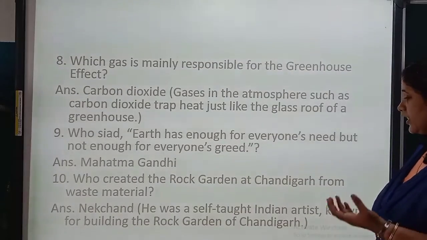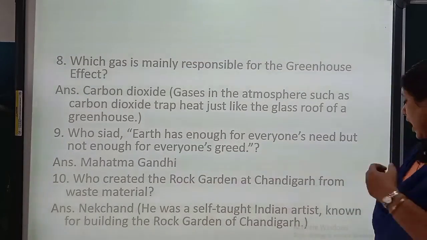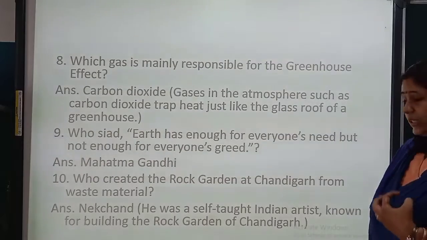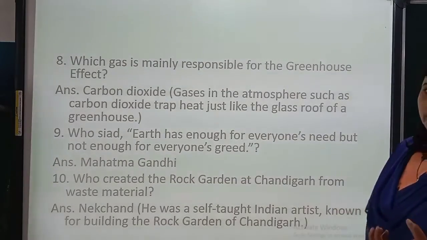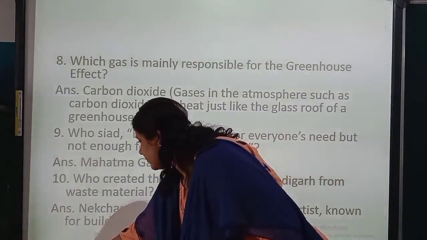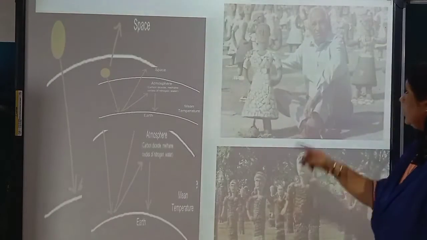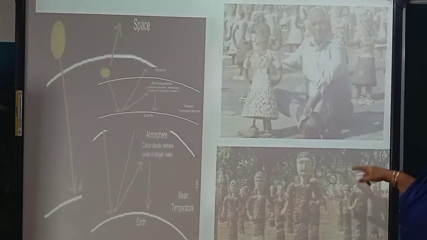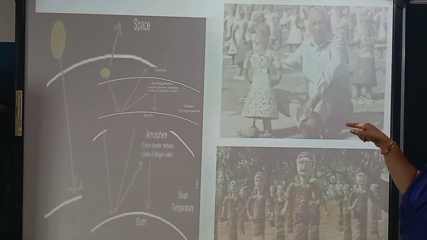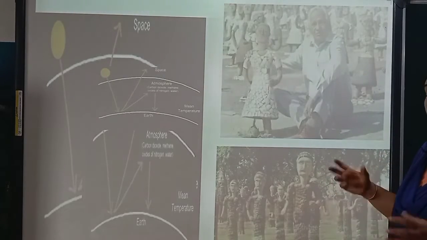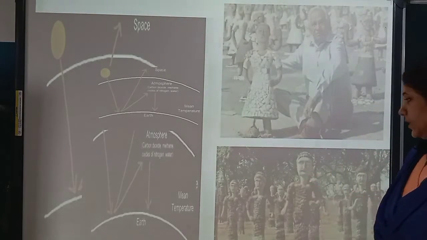Nek Chand. He was a self-taught Indian artist known for building the rock garden of Chandigarh. Here you can see Nek Chand, and this is the rock garden that he himself made out of the waste material.